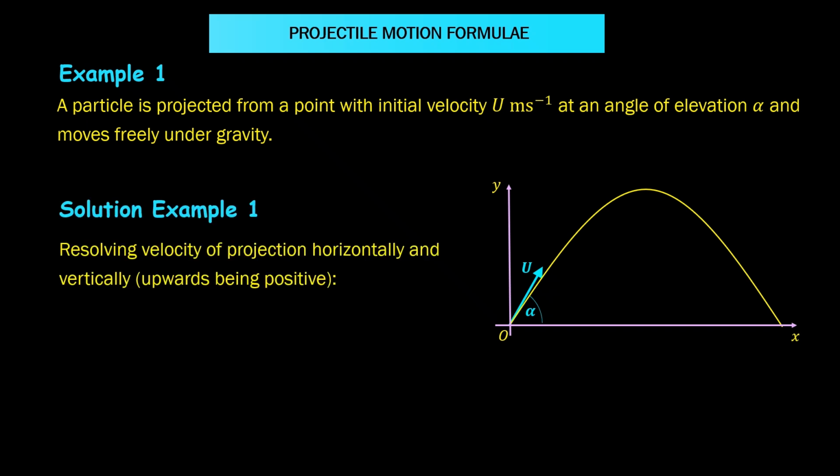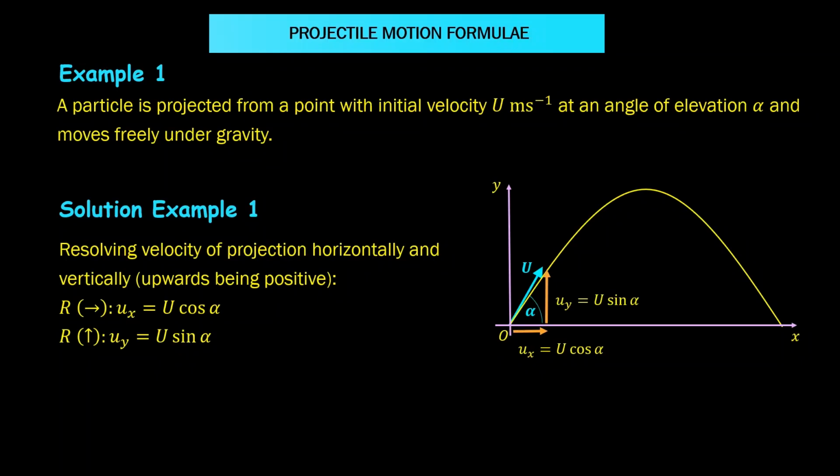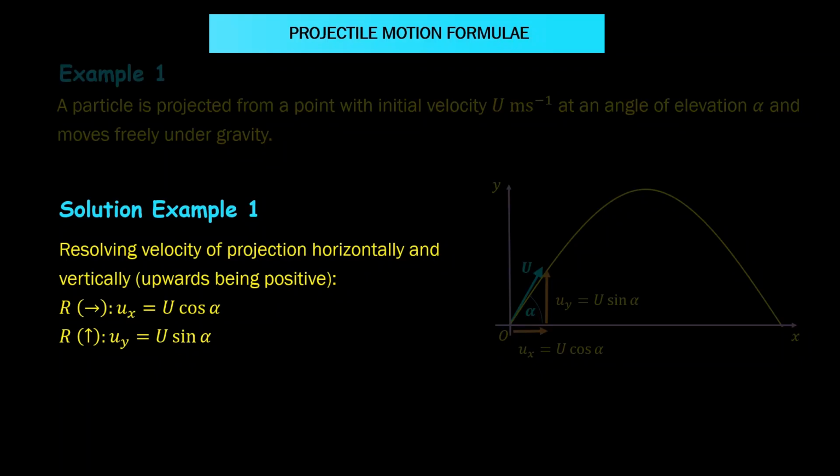Resolving velocity of projection horizontally and vertically, upwards being positive, we have horizontally ux equals u cos alpha, as shown in the diagram, and uy vertically equals u sine alpha, as shown in the diagram. So here's ux equals u cos alpha, and here's uy equals u sine alpha.